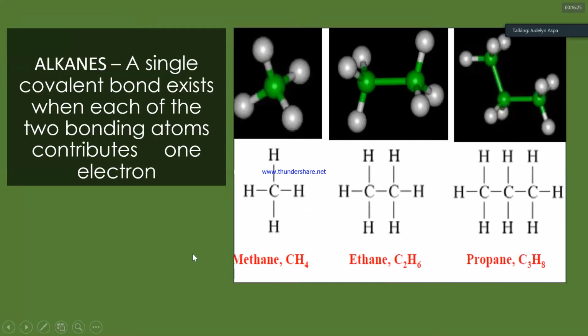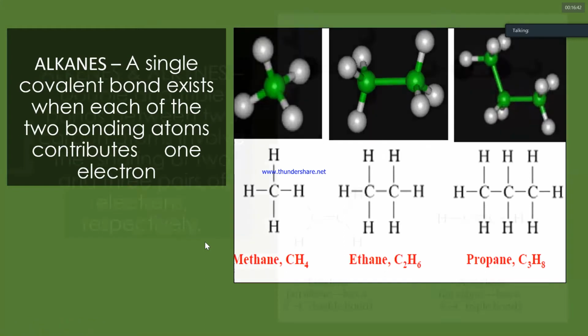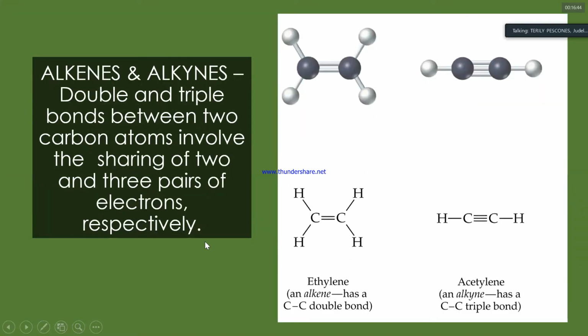So alkanes, single covalent bond. So we have methane, ethane, propane. Ang ending ng pangalan nila ay ANE. Then we have the alkenes and alkynes. So alkenes, those that have double bond, and then triple bond for alkynes.